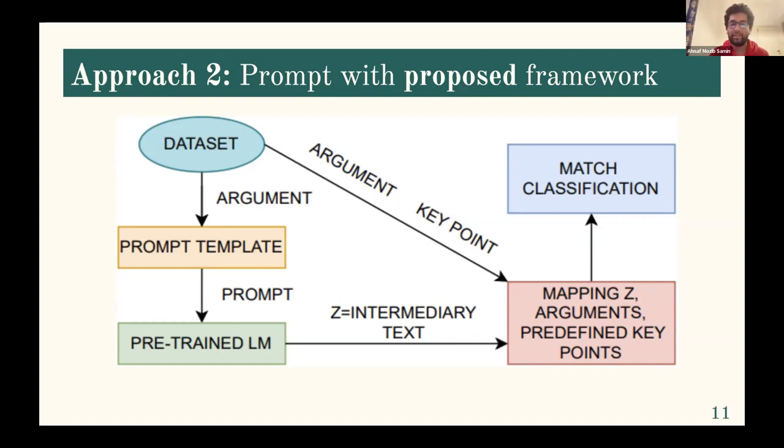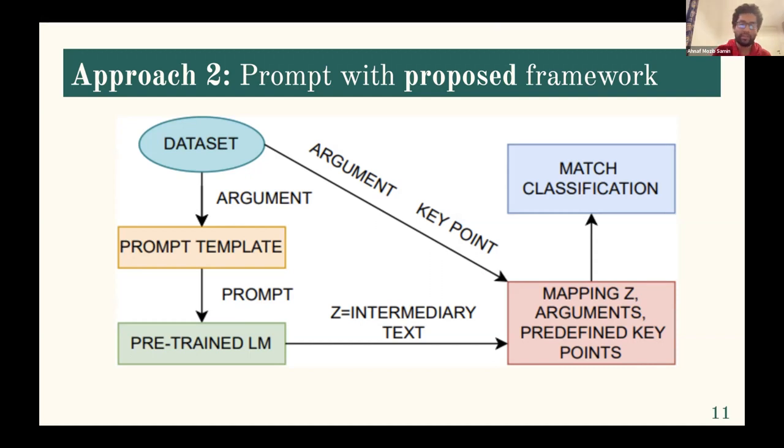This intermediary text is then concatenated with the argument and the key point pairs. And we have 3 inputs now: the intermediary text from the output of our pre-trained language model, and the argument and the key point, and we pass these 3 into another classifier to map them either to a match or a non-match.